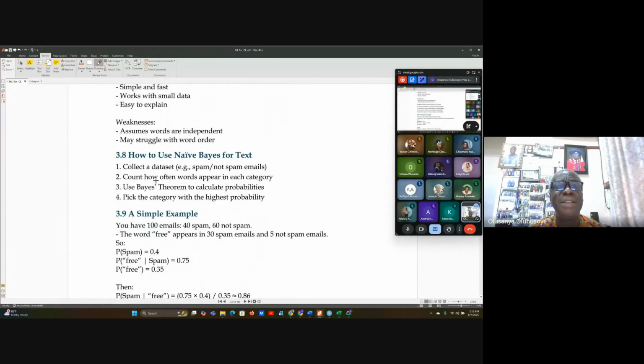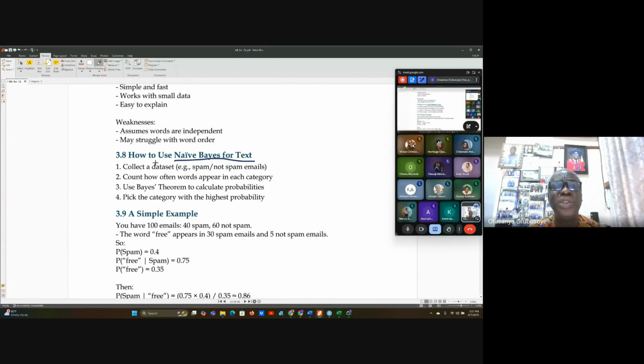So our focus here is, how do we implement the naive Bayes for text, which is what we want to do now quickly.